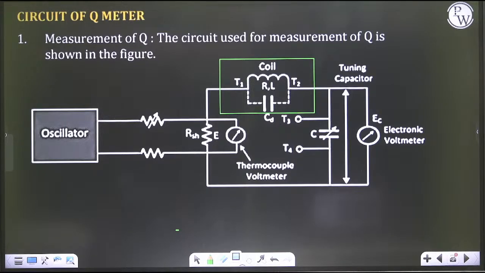Have you noted the diagram? Please note down.